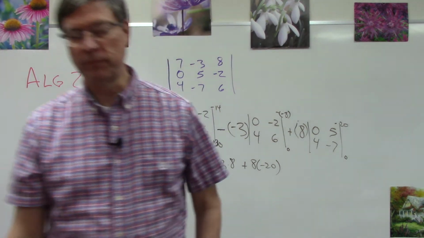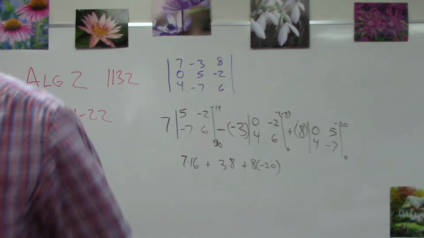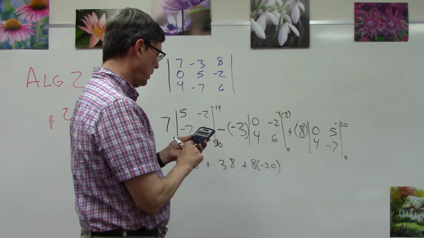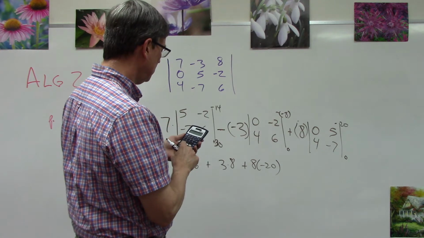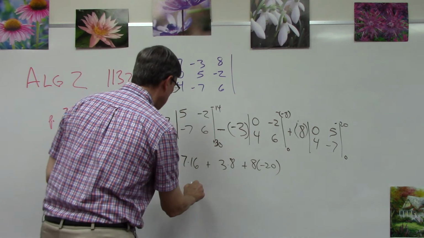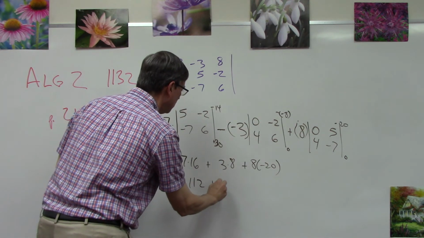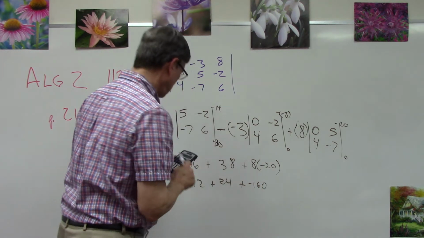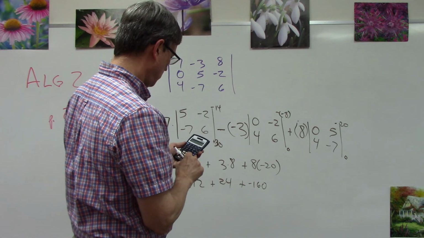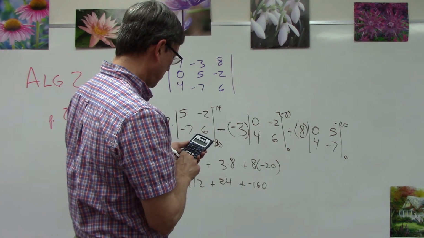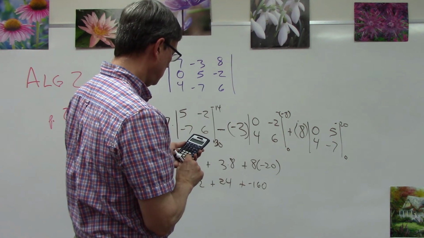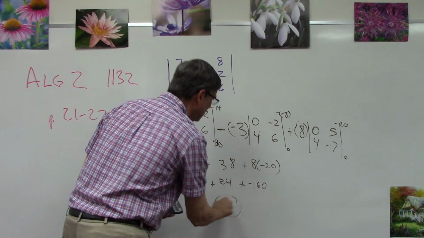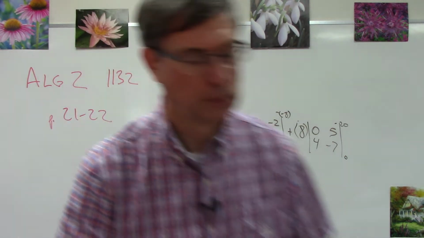All right, my brain is fried and I don't care to be multiplying out 16 times 7 right now in my head. 16 times 7 is 112 plus 24 plus -160 equals -24.